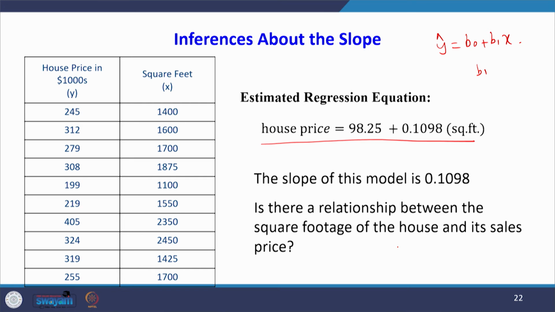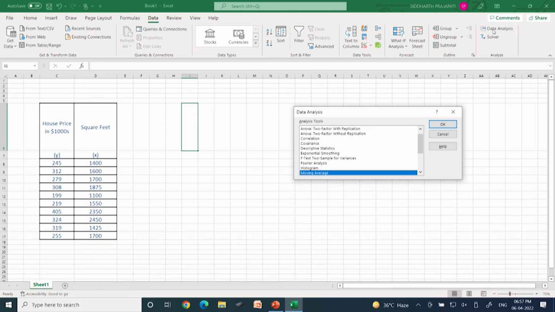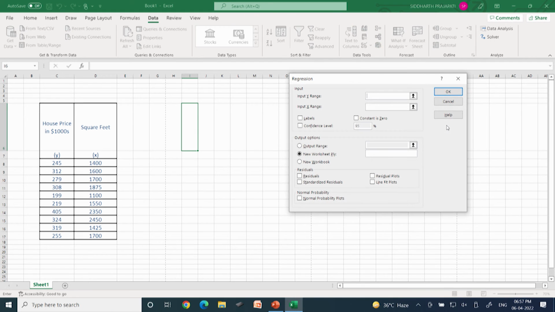How I am going to do that with the help of Excel, I am going to show whether the model is significant or not. So, I am going to open the Excel sheet. I have taken house price and square feet values. So, go to Data, Data Analysis, Regression, okay.